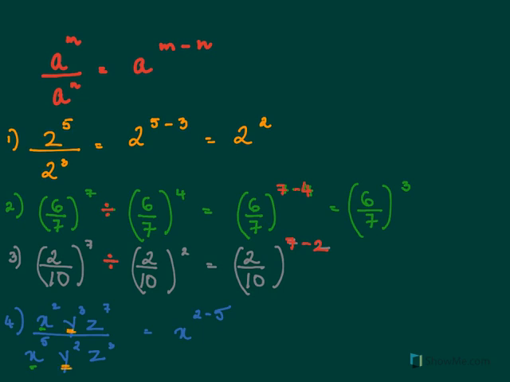This is the y and this is the y term, and they're divided, so it will be y raised to 3 minus 2, the powers have to be subtracted, and last we have the z term, so this would be z raised to 7 minus 3. So x raised to 2 minus 5 is minus 3, y raised to 3 minus 2 is 1, and z raised to 4.